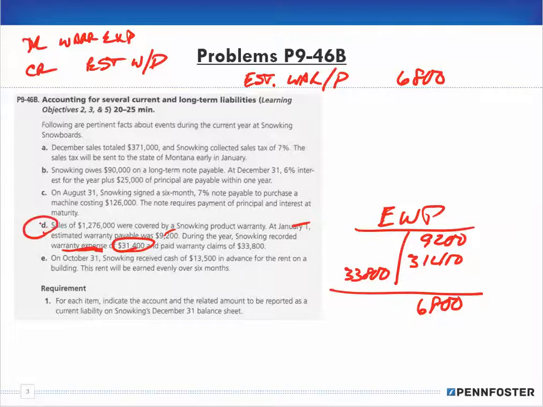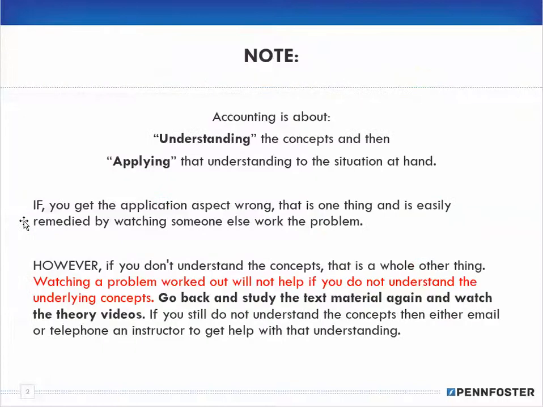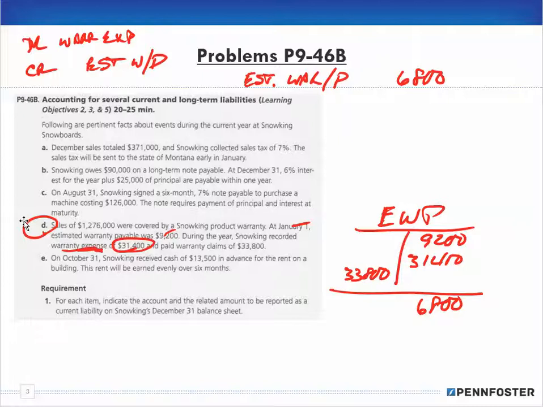Okay, before I go any further, again, I keep hammering at this and pounding it away. That's what this slide was all about. If you don't understand the underlying concepts, you have to go back and pick them up. You can sit here and watch me do this, but you're not going to find this situation all of the time, right?